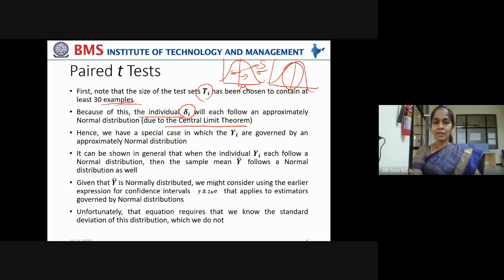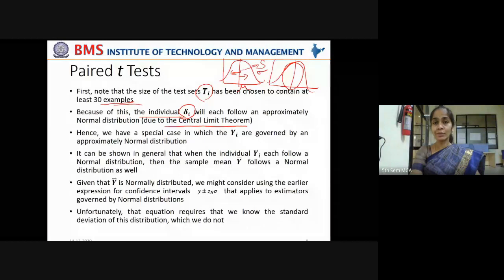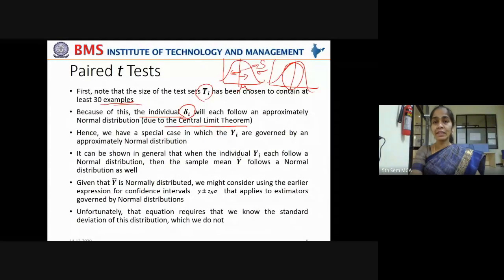Now, because of having a sufficiently large sample containing 30 data points in the test set, the individual delta I, that is the error associated with each experiment I between the learning algorithms A and B, will each follow an approximately normal distribution.